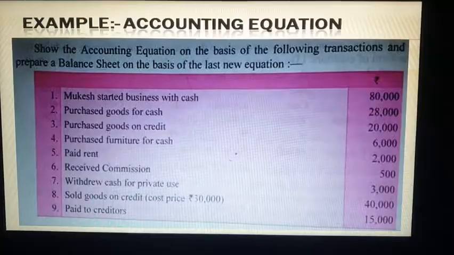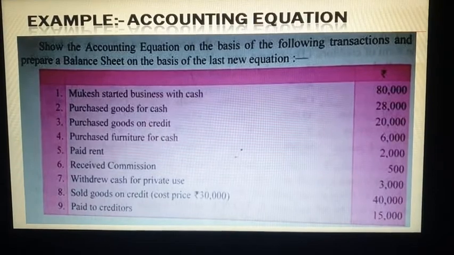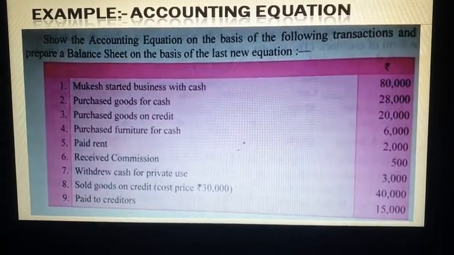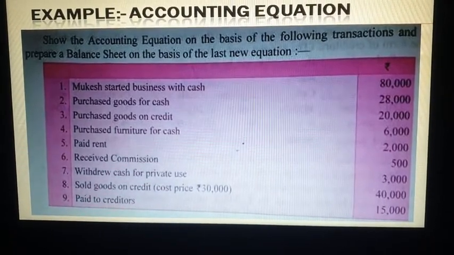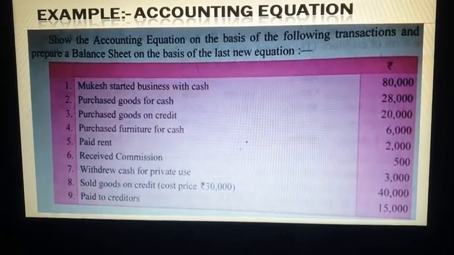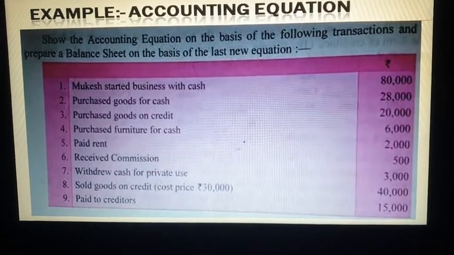So move to the next slide. So here is the question. It is clearly given at the top of the question: show the accounting equation on the basis of the following transactions, and at the last you have to prepare the balance sheet on the basis of the last new equation. So these are the 9 transactions given below.